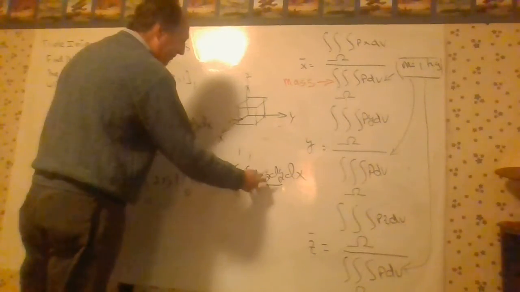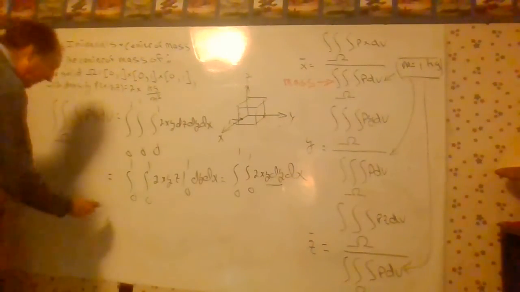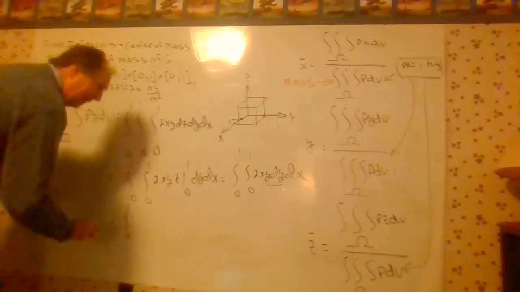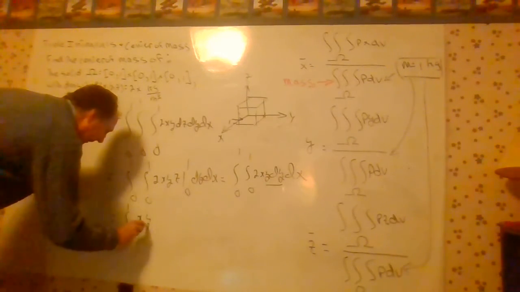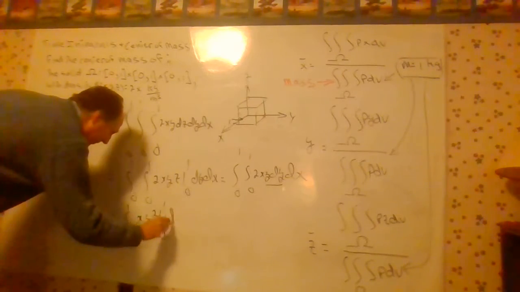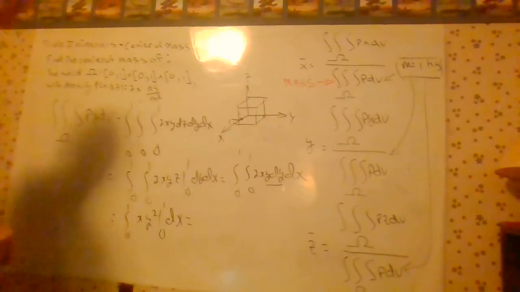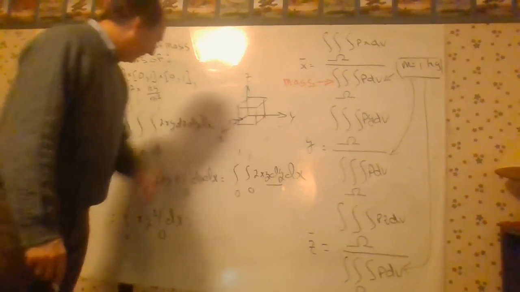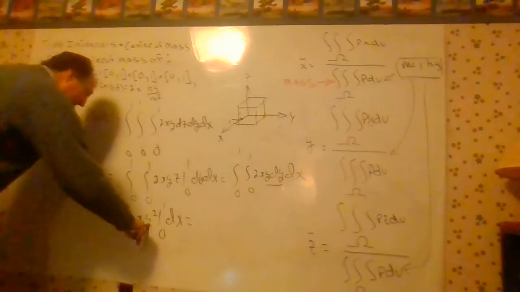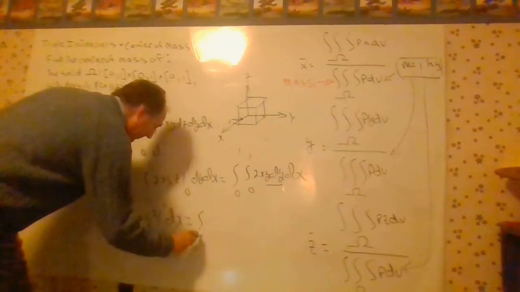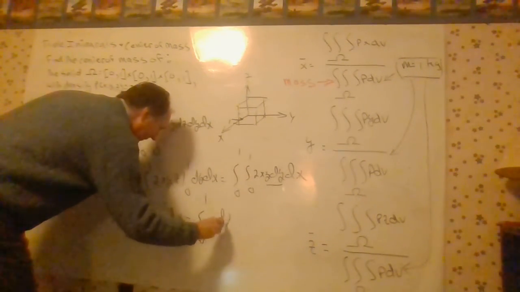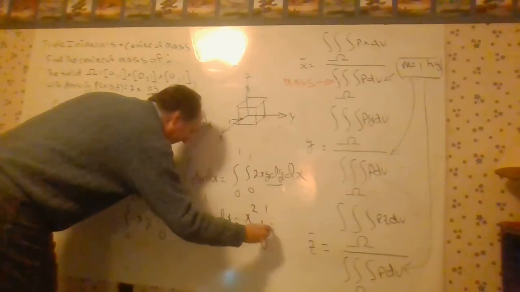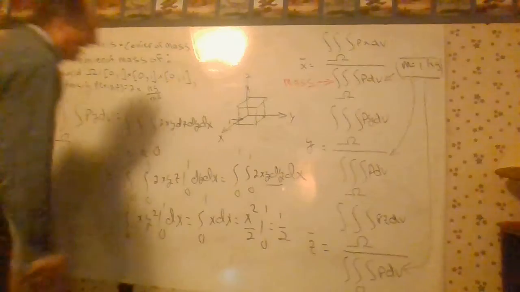Y squared over 2, the 2's cancel, and this will give us the integral 0 to 1 of xy squared from 0 to 1 dx. Plug the 1 in, and we get the integral 0 to 1 of x dx, which gives us x squared over 2 from 0 to 1, which is 1/2.